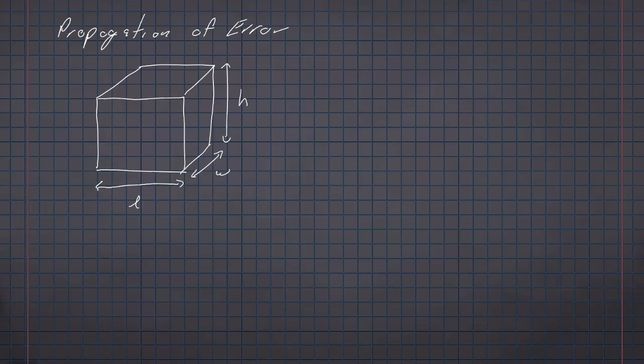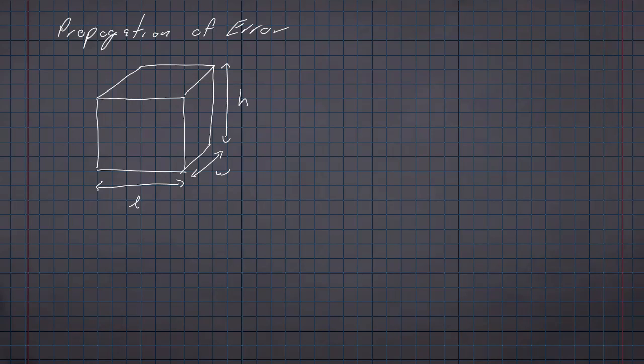Our measurement equipment has limitations. For example, if I get a meter stick out, my meter stick is marked to the nearest millimeter. If I have a difference of less than a millimeter, my meter stick cannot interpret it.